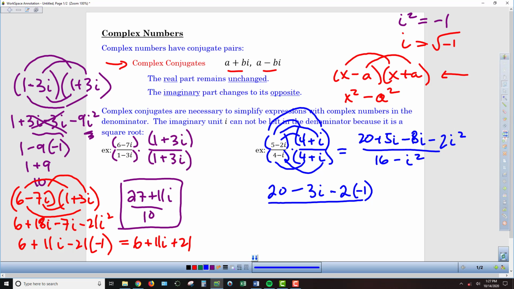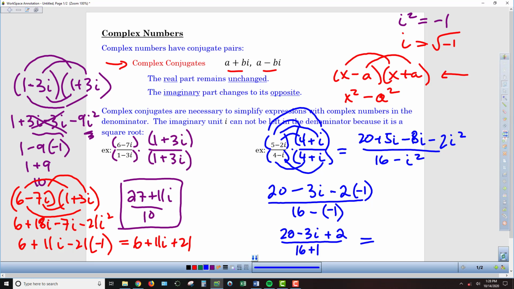On the bottom, all I have to do is just change that i squared to negative 1, so it's going to be 16 instead of minus i squared, it's going to be 16 minus negative 1. So up in the top, I've got 20 minus 3i, and then negative 2 times negative 1 is positive 2. On the bottom, I've got 16 minus negative 1, so that's going to become 16 plus 1.